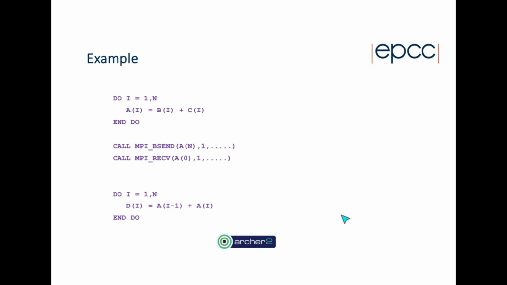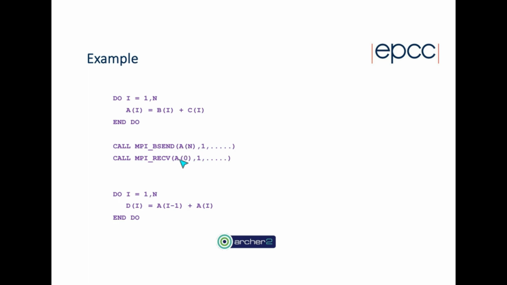Okay, so an example. Apologies, this is in Fortran, but hopefully it's simple enough to explain what's going on. This is a really minimal MPI program. I have a loop which computes some values in an array A, and then the MPI process sends the last value of A, and receives that value from its neighbor on one side.